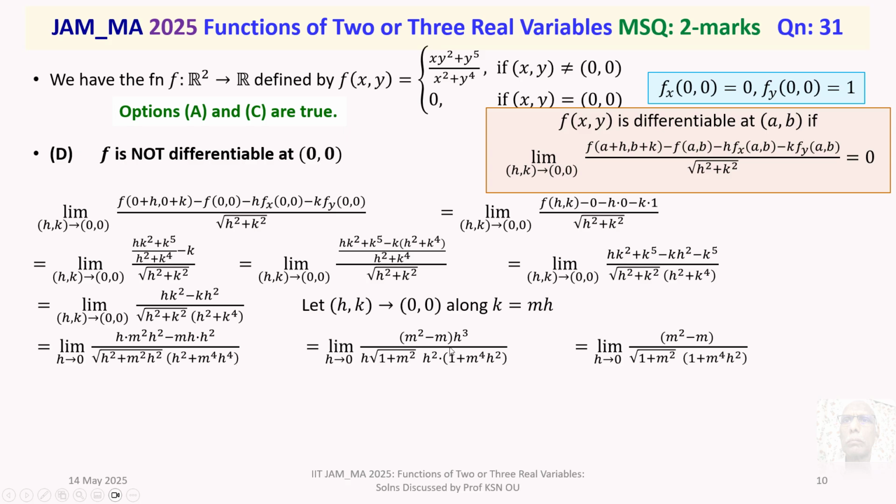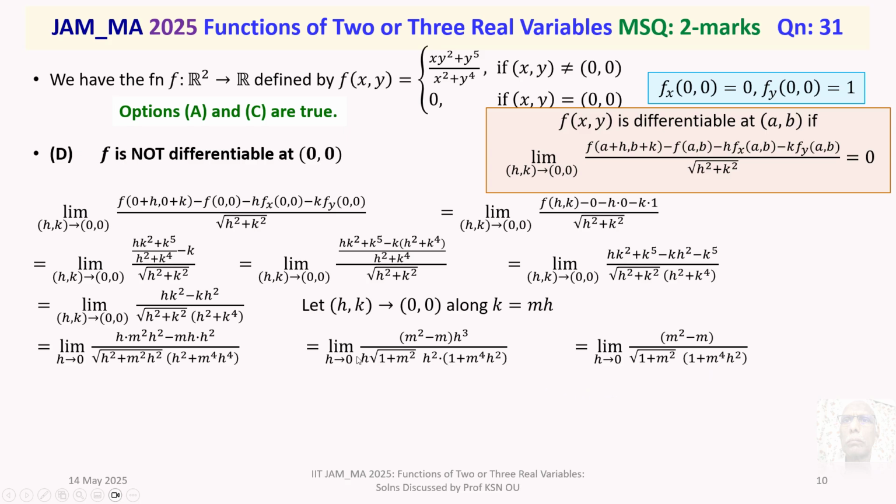You will get m square minus m into h cube by h into the square root of 1 plus m square h square into 1 plus m square h square. It is not m power 4, it is m square h square.